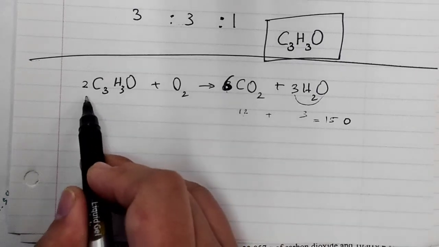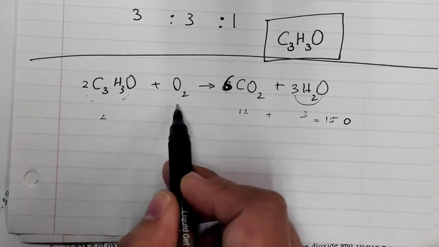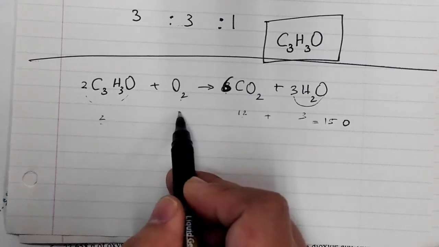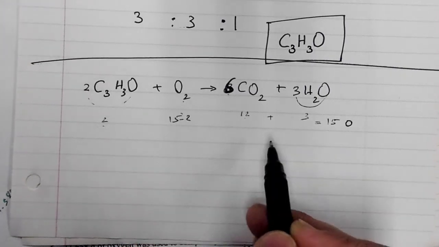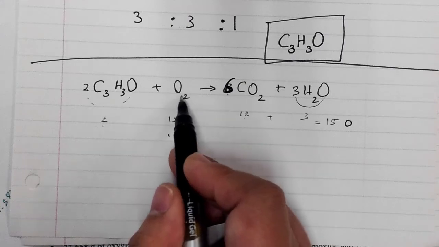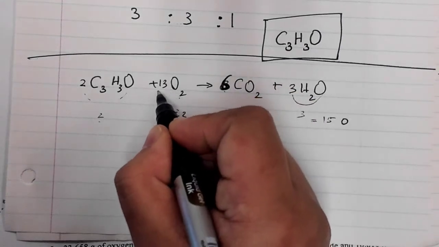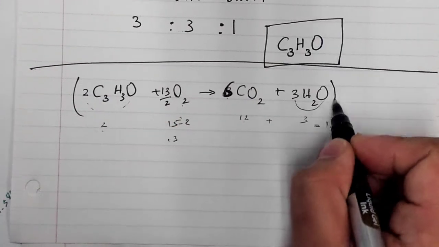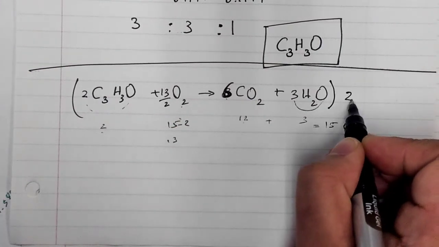Okay, let's see what's happening here. This guy has 2. This side has 2. Now this guy cannot be changed, so that means this guy better be 15 minus 2, which is 13, and we can't have 13 because it's every 2. So what you can do is you can do 13 over 2. But remember, we can't write over 2. So this whole thing got multiplied by 2. Okay?